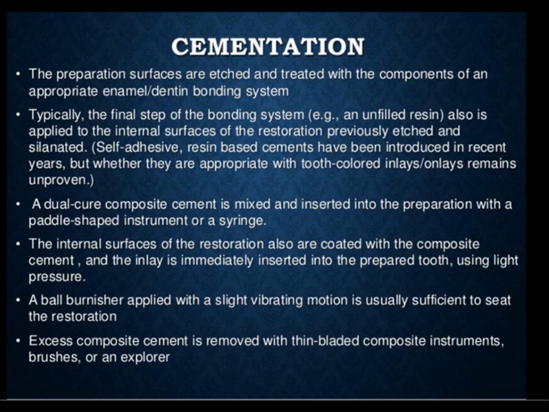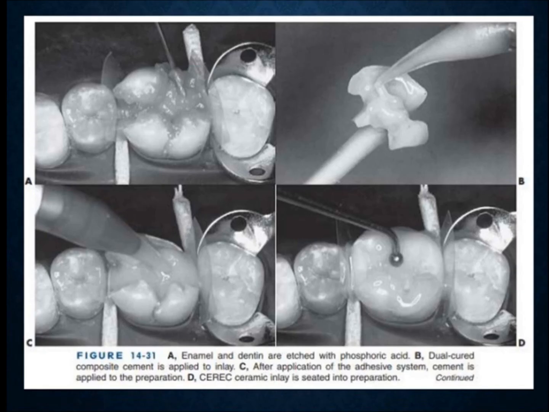Self-adhesive resin-based cements have been introduced in recent years, but whether they are appropriate with tooth-colored inlays and onlays remains unproven. A dual-cure composite cement is mixed and inserted into the preparation with a paddle-shaped instrument or syringe.